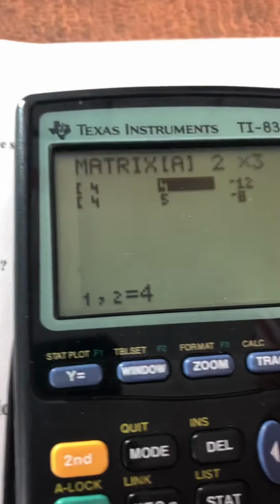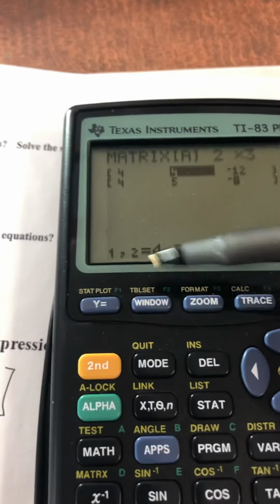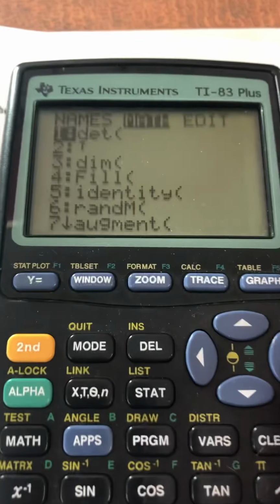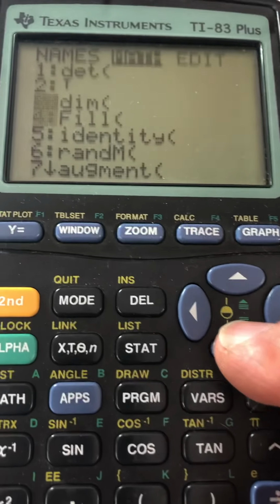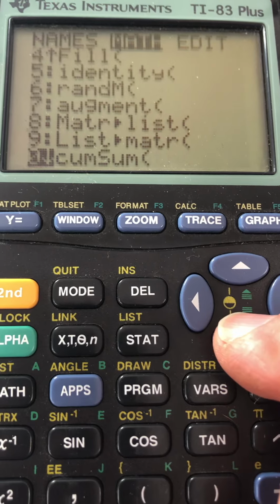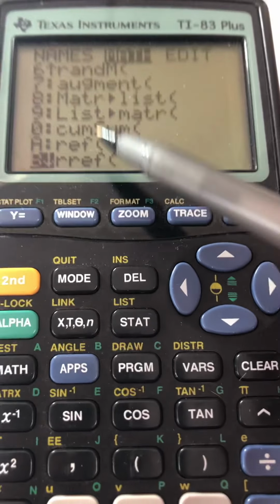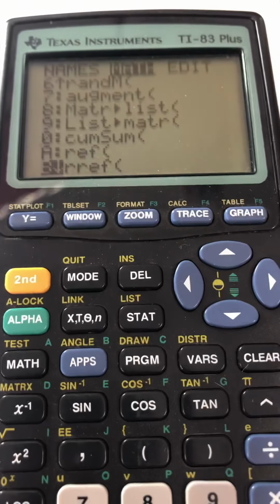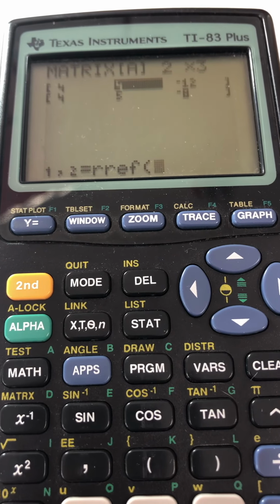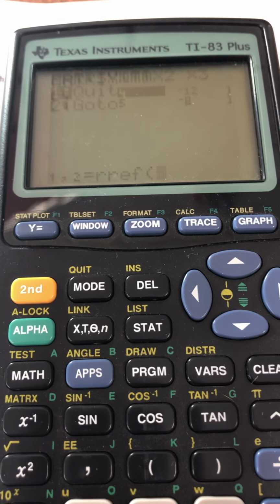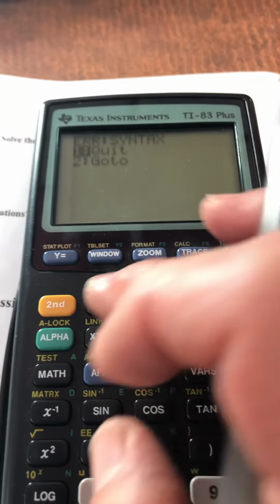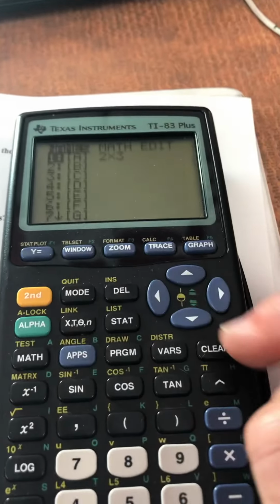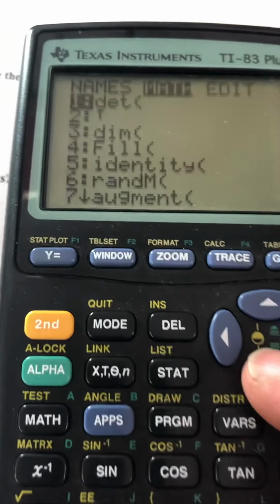Okay, so once you enter all of these in, let's go back to the matrix, and we want to do some math with it, right? So we're going to go down to B, the reduced row echelon form is what we want. For some reason it does that to me every time. I hit enter and try it, and for some reason the second time always works.